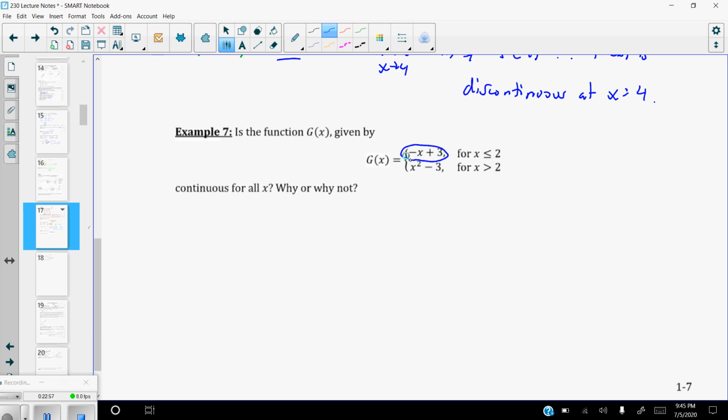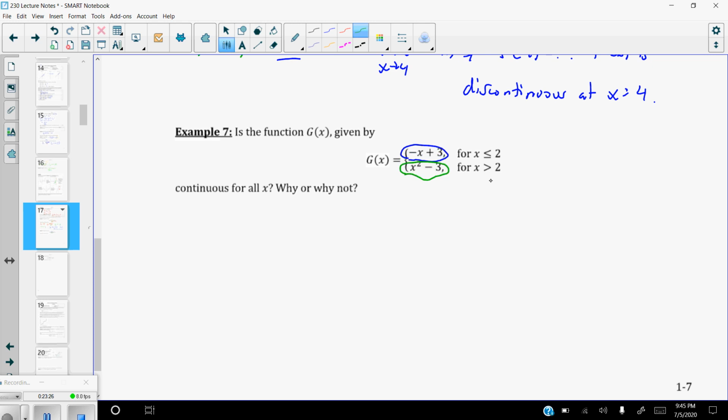Linear functions are continuous everywhere, but this only exists up until we get to x equals 2, and including the 2, right there. So it's continuous all the way up until 2. The second piece is quadratic, which is also continuous everywhere, but this is only when x is greater than 2. So the only place that this could have an issue is at 2.